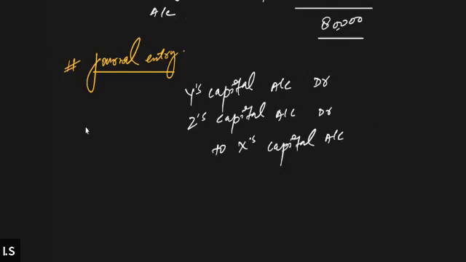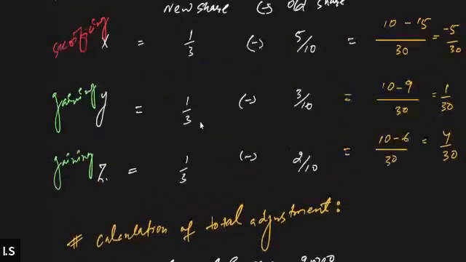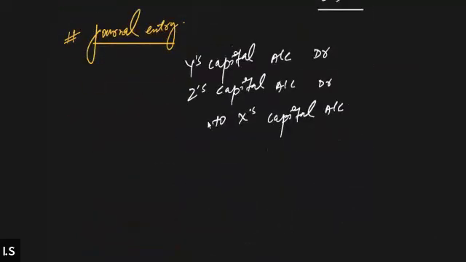Okay, and remember they're sacrificing and gaining shares. Their share was 5 by 30, 1 by 30, and 4 by 30. So that means we are going to divide 80,000 in their gaining and sacrificing ratios.